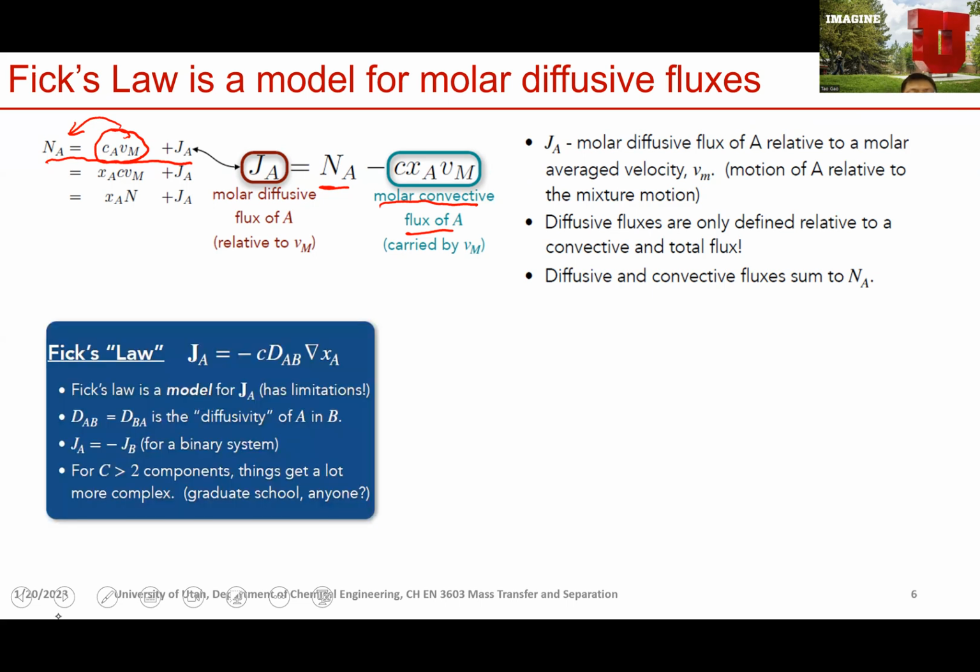Now we can introduce Fick's law, which says that the diffusive flux is proportional to the total concentration, the diffusivity, as well as the gradient of the molar fraction of A, right?